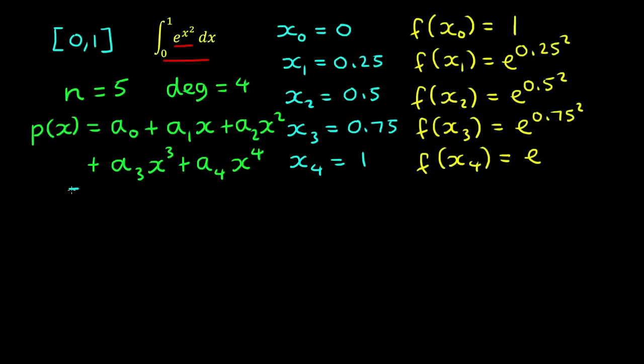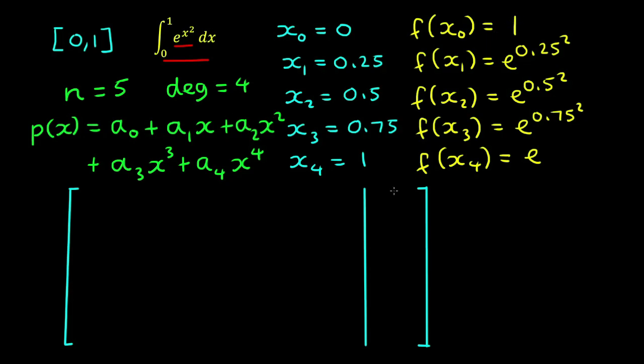And now we'll construct our matrix, being an augmented matrix, to solve for these coefficients. And we have the y values in the far column. So we have 1, e to the 0.25 squared, e to the 0.5 squared, e to the 0.75 squared, and e to the 1.